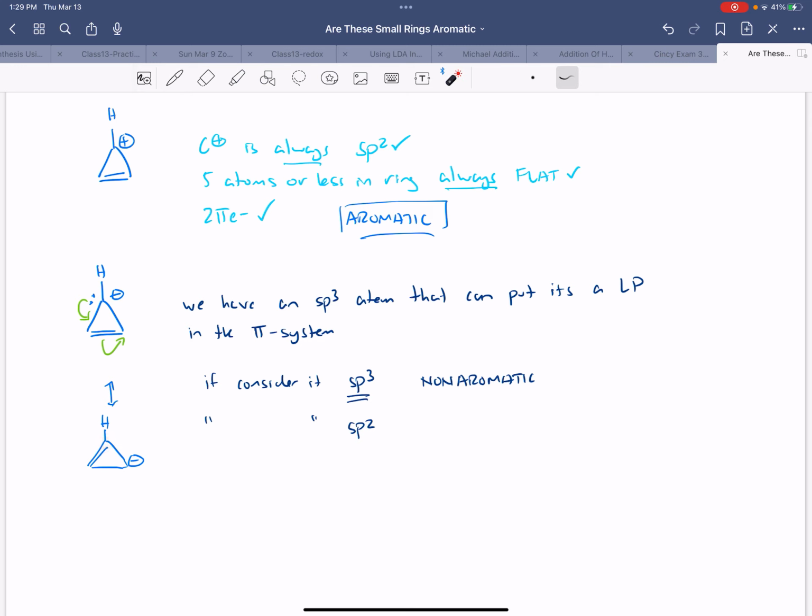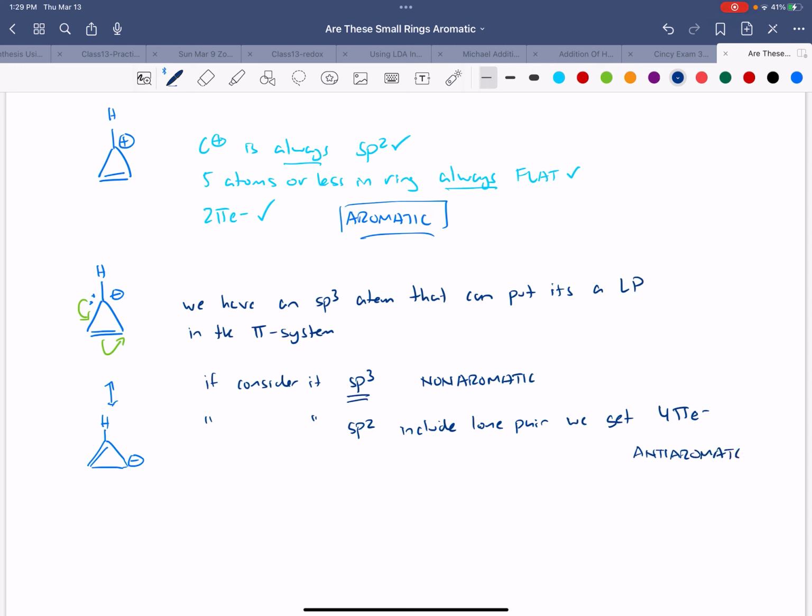And, well, if we're going to include the lone pair, because it's sp2, we include the lone pair. We get 4 pi electrons. Ouch. 4 is an anti-Huckel number, or a non-Huckel number. It will be anti-aromatic.